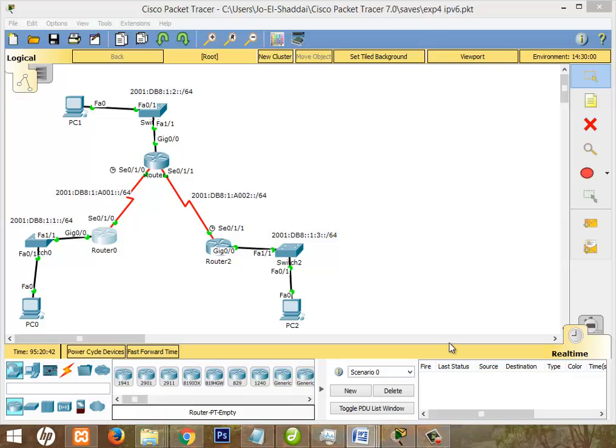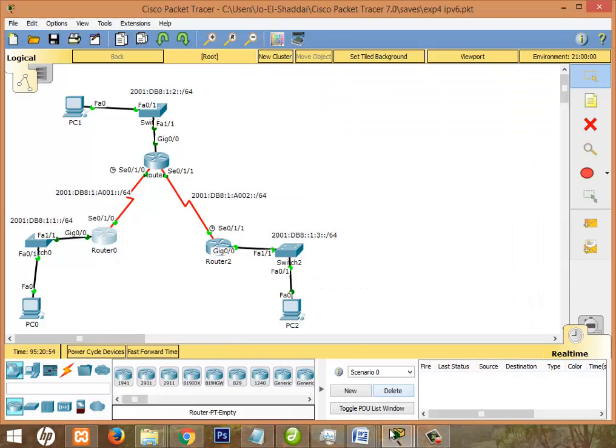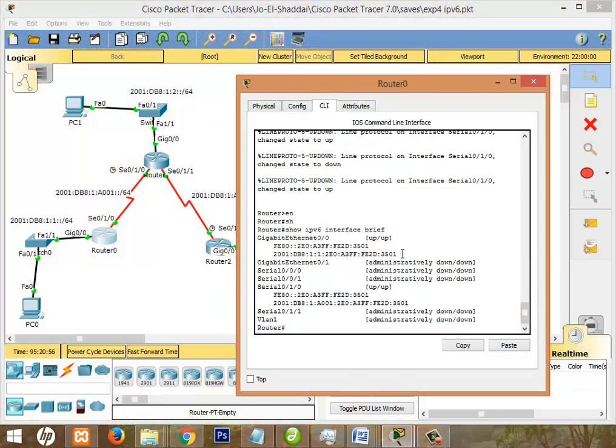Also, in this particular topology, as I mentioned earlier, we have three different networks. Before that, let's take a router. In IPv6 there are many different routes from a router.